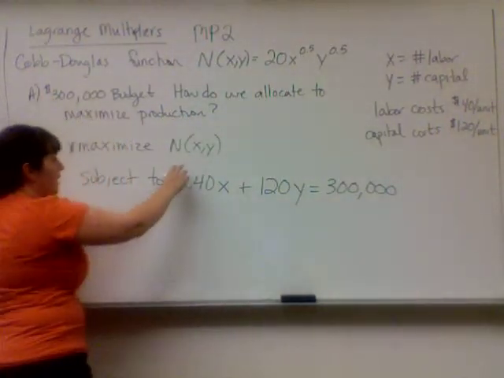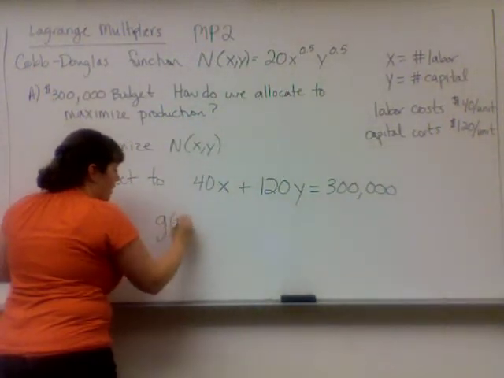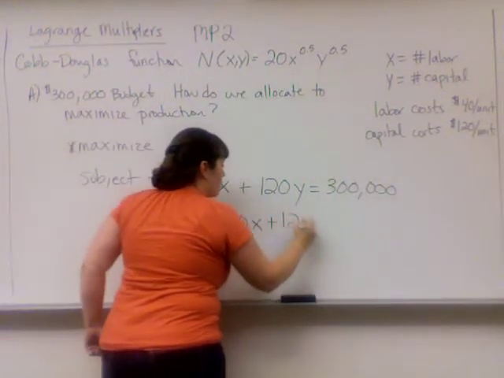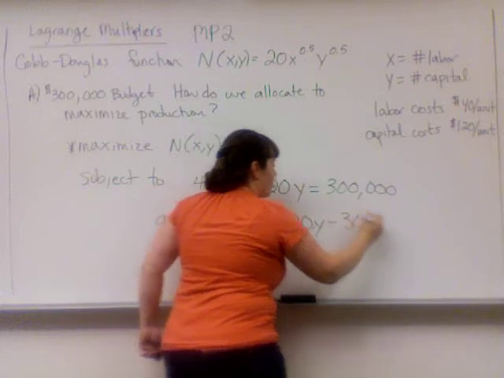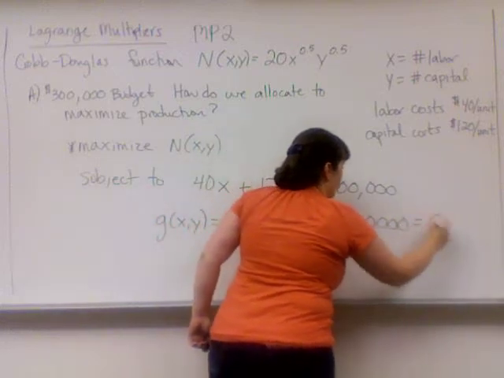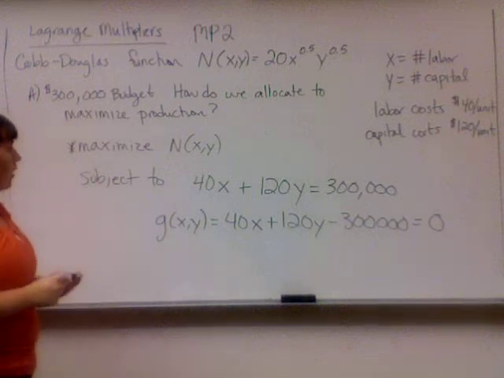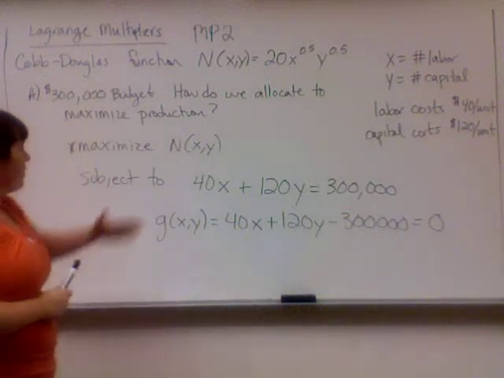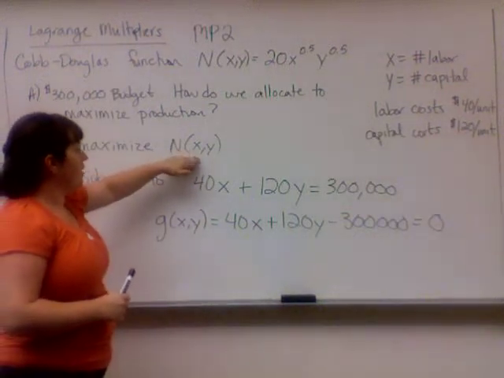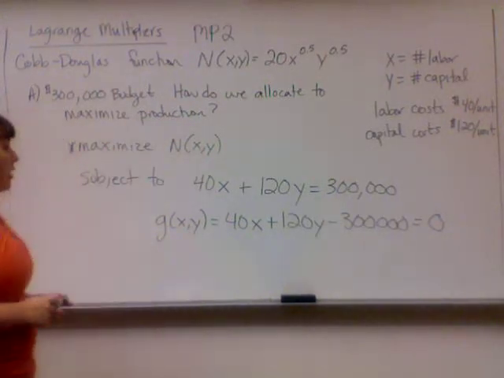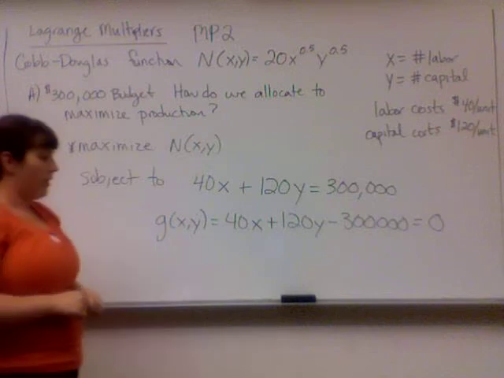So our g of x, y, our constraint, is 40x plus 120y minus 300,000 equals 0, because remember, we want our constraint function set equal to 0. So we've identified the function we want to maximize, that N of x, y, subject to this constraint. Now we can proceed with the Lagrange multiplier technique.